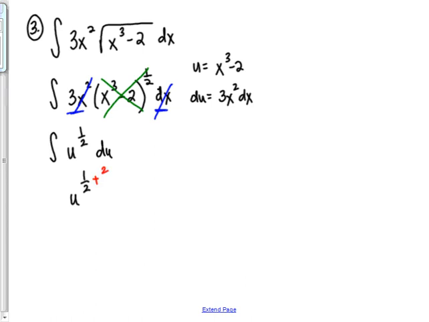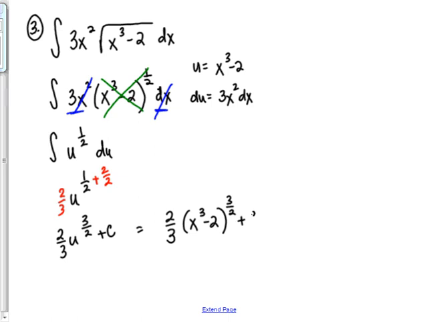Add 1, which I'm going to write 2 over 2. So my new power is 3 over 2. Dividing by 3 over 2, same as multiplying by 2/3. So 2/3 u to the 3/2 plus c. And I'm going to replace that. 2/3 x cubed minus 2 to the 3/2 plus c. Okay. All right.